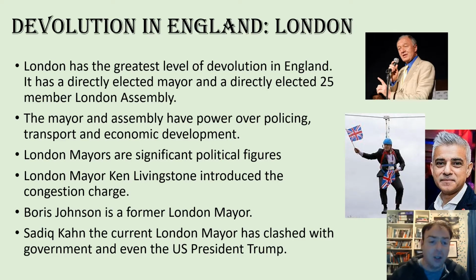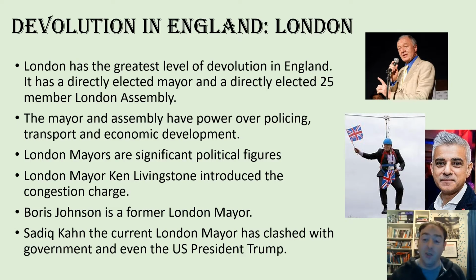significant political figures. So, for example, Ken Livingstone, a highly controversial Labour London mayor, introduced a congestion charge. Boris Johnson is a former London mayor. The current London mayor is Sadiq Khan. Now, he's clashed with government over issues to do with COVID and in other areas, and he's even clashed with the US President Trump, who has been known to tweet strong things against him.